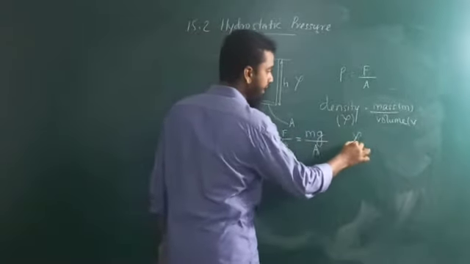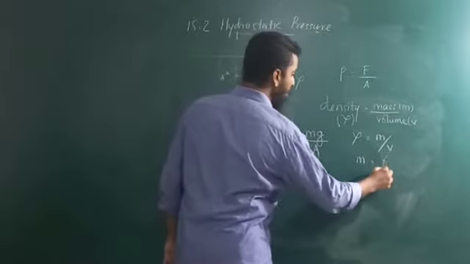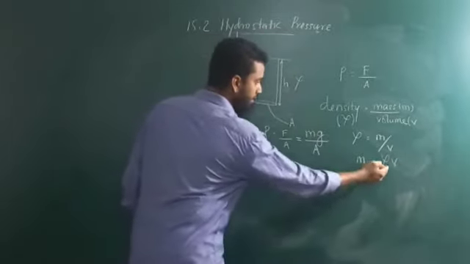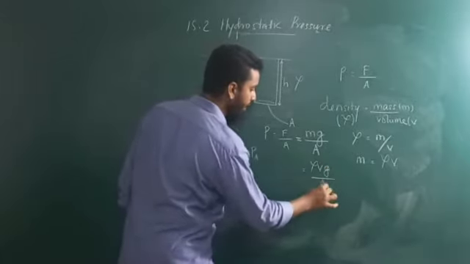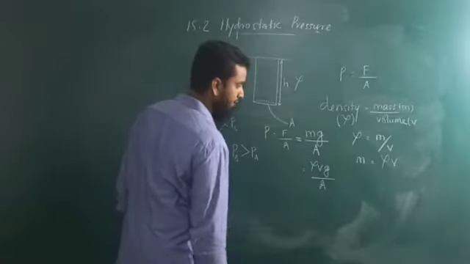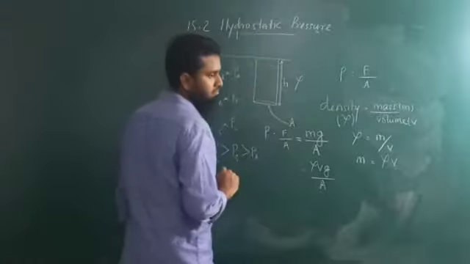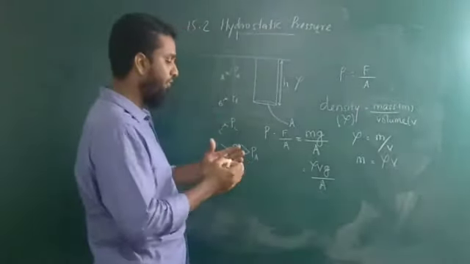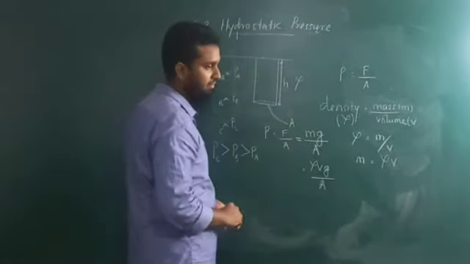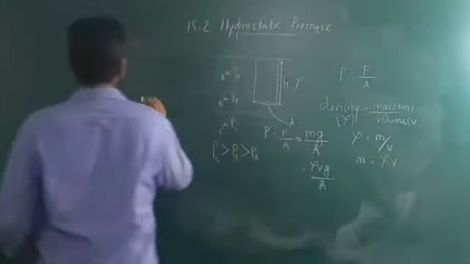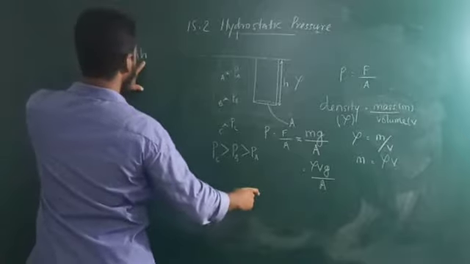Now for m, since rho equals m divided by V, m is equal to rho into V. I substitute rho V instead of m, so the next step is rho into V into g divided by A. The volume of a barrel or drum is the cross area into the height, so V equals A into h.